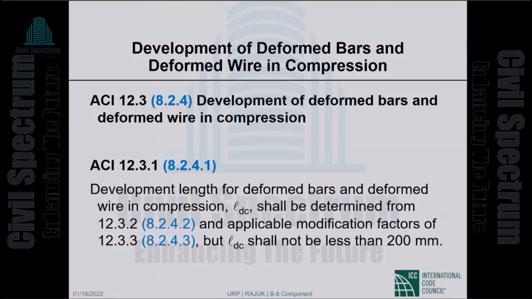L sub DC, required development length in compression, shall be determined from section 12.3.2 and applicable modification factors. But L sub DC shall not be any less than, now it is 8 inches. Okay, so tension development length, barest minimum is 12 inches. Compression development length, it is 8 inches.